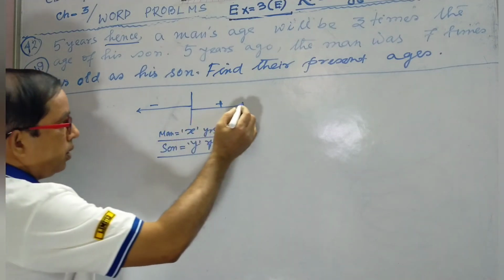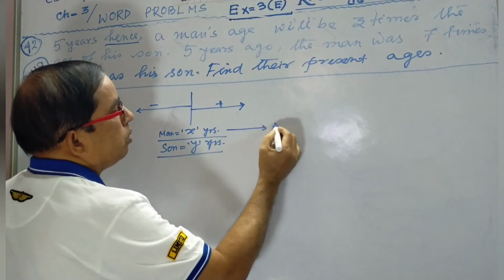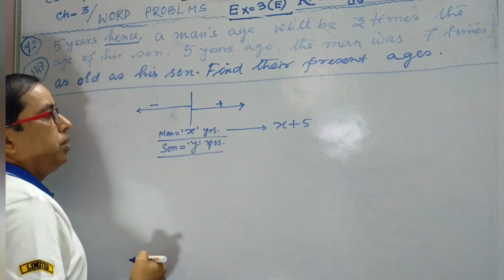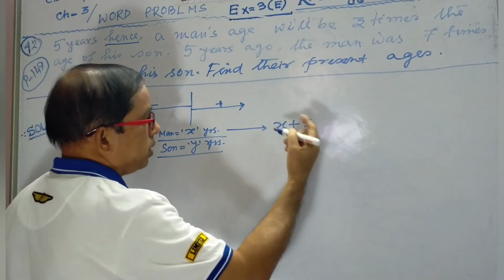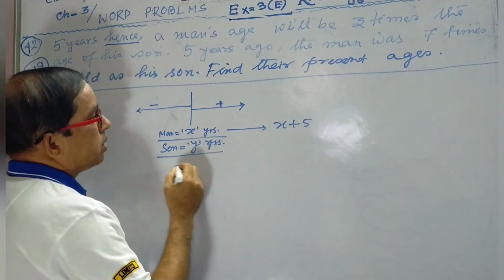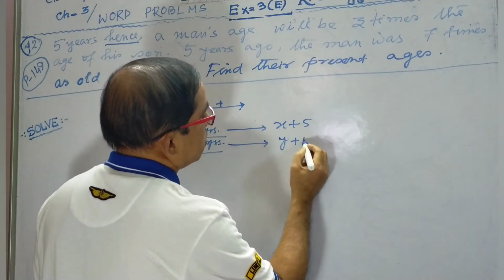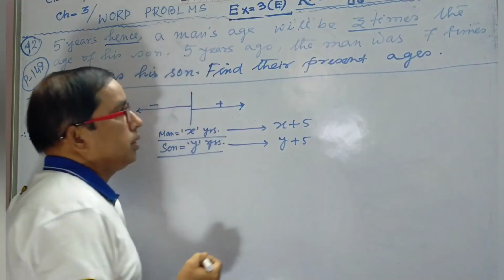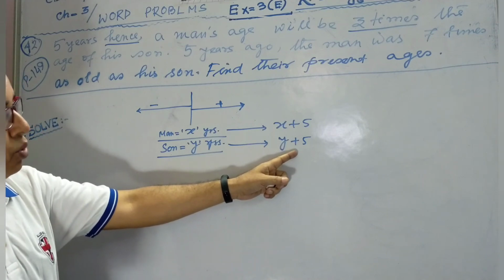Then, in case of 5 years hence, the age of the man will be x plus 5 years. And what will be the age of the son? The age of the son will be y plus 5. In the first condition, it was told that the man will be 3 times his son.